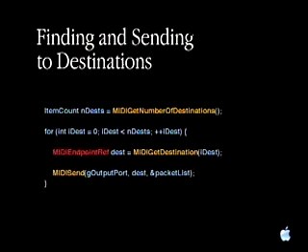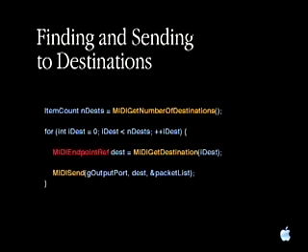Okay, now that we've looked at the actual format of our MIDI data, and we know about the MIDI endpoints and sources and destinations that we see in the system, we can look at the functions for getting information about those sources and destinations and actually communicating with them.